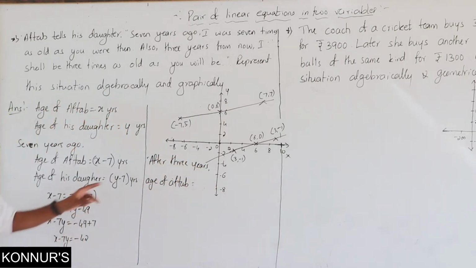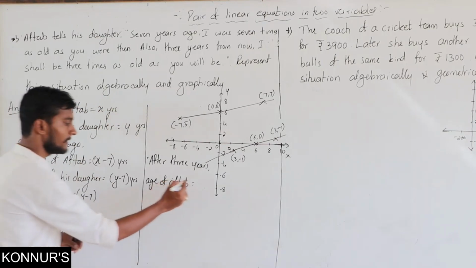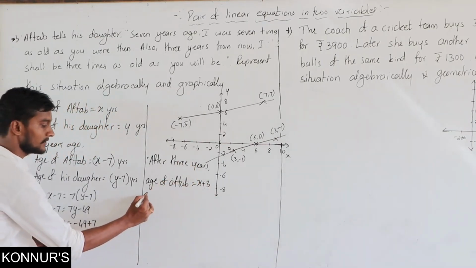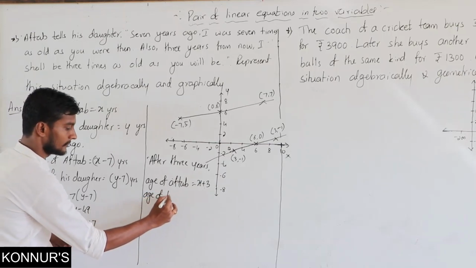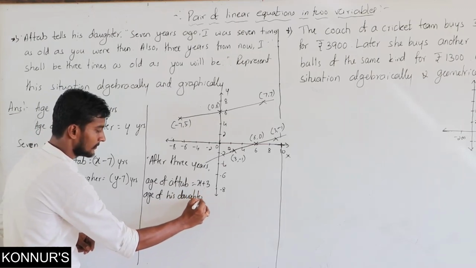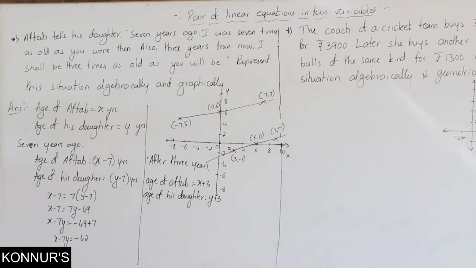After 3 years, age of Aftab: the present age is x, so after 3 years his age will become x plus 3. And age of his daughter is equal to y plus 3. Present age is y, and after 3 years her age becomes y plus 3.